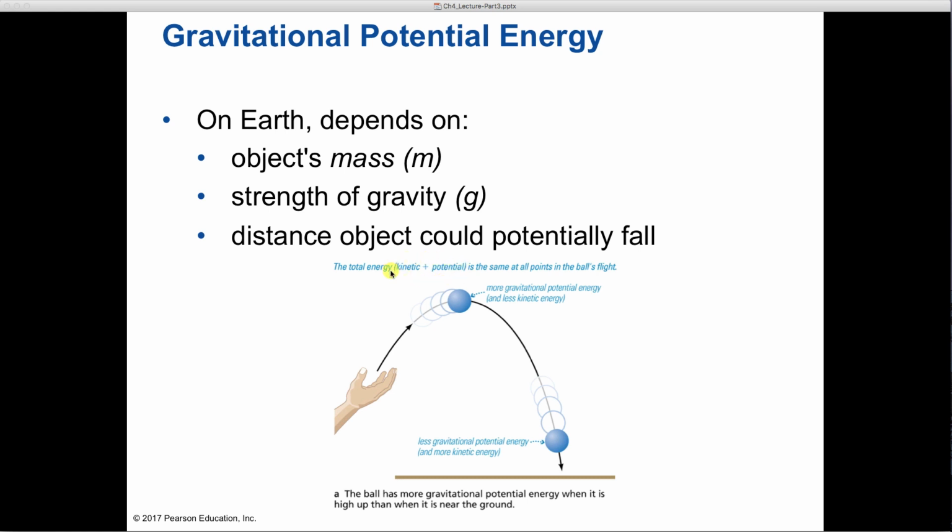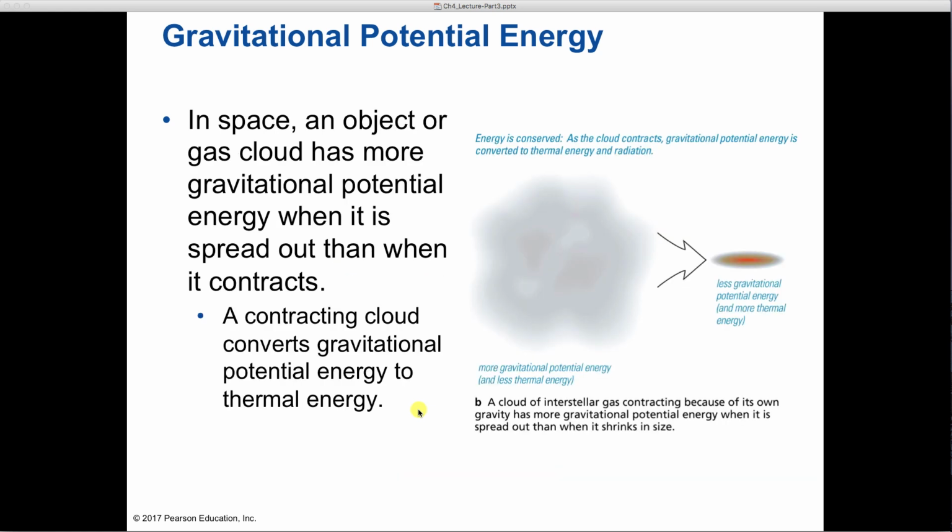But if we can ignore air resistance, if we did this on the moon, for example, or on a planet that doesn't have any atmosphere, then if we throw a ball up with a certain kinetic energy, it would go to a certain height and then ultimately come back down. During that time, we could measure the potential energy and the kinetic energy at any point along its path, and we would find that the total is always the same. It's just that we switch forms from one to the other.